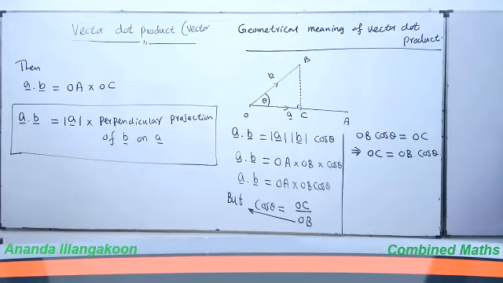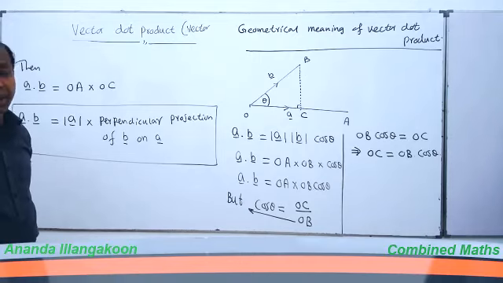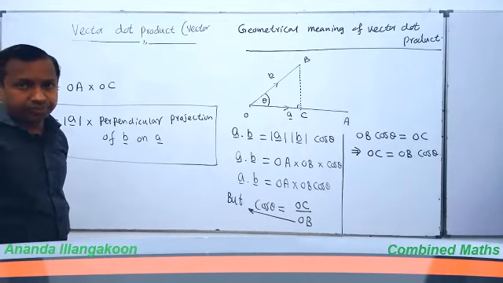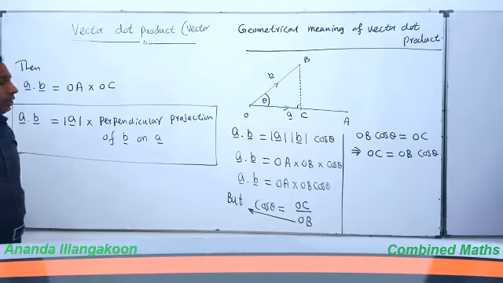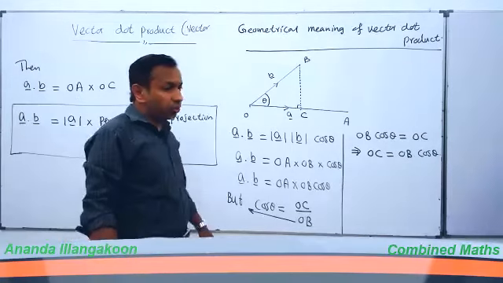Right. Now there are some properties of dot product. We'll see what these properties are. First take down this and we'll go to the next subheading.